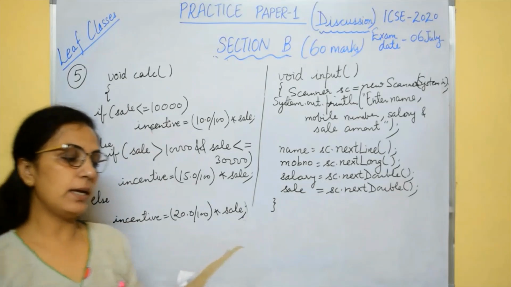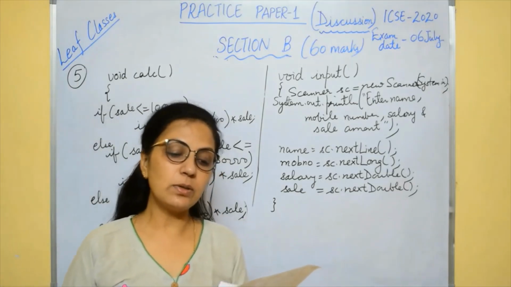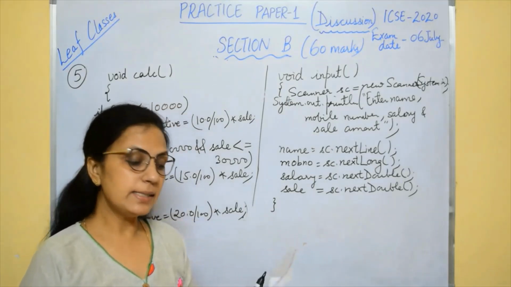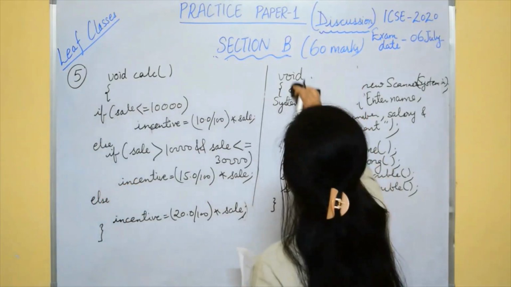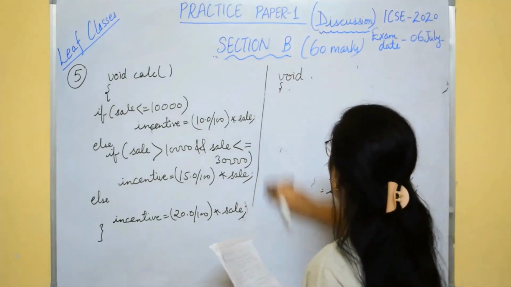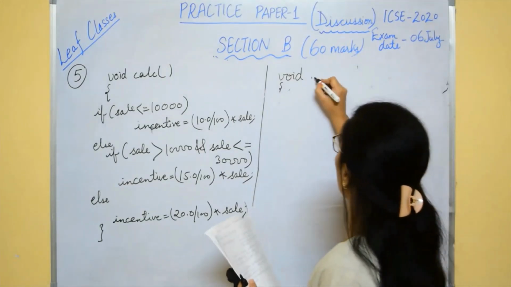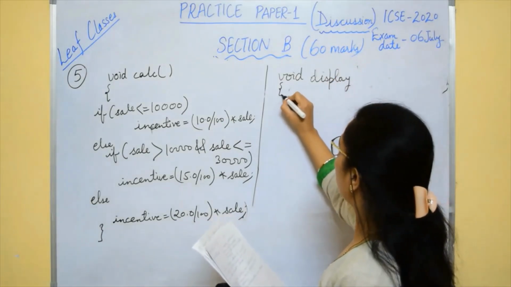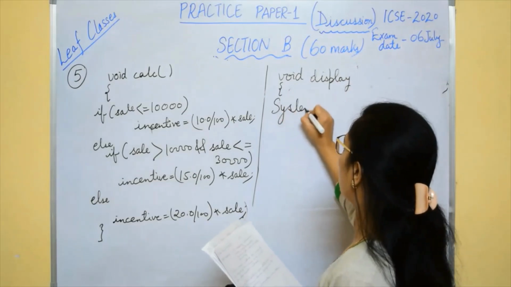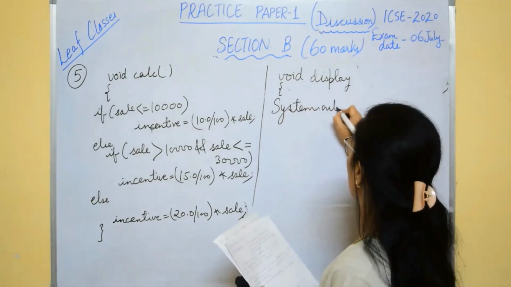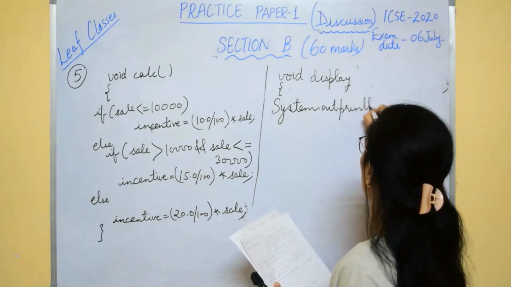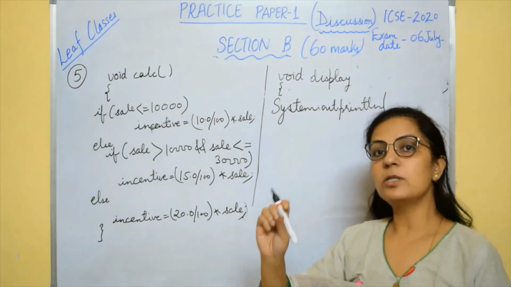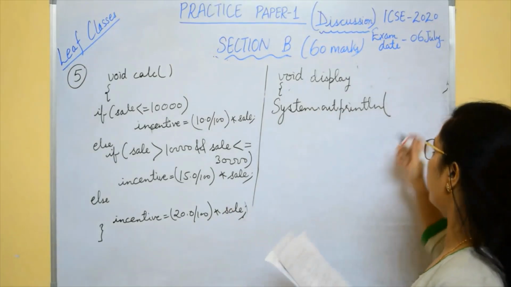The third function is display, which says to display salesman name, mobile number, amount after adding incentive to the salary. So the next function will write here, that is display function. In display function you have to display all the values which are asked in this function. System.out.println always give the message within double quotes plus the value of the variable name.